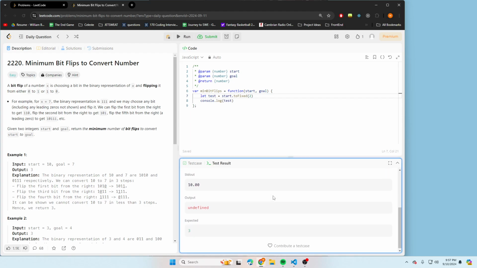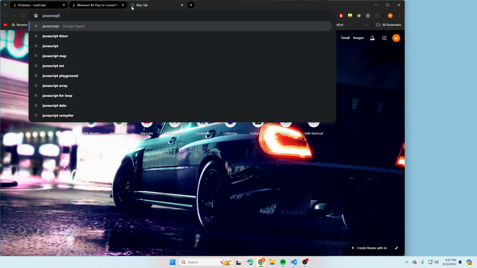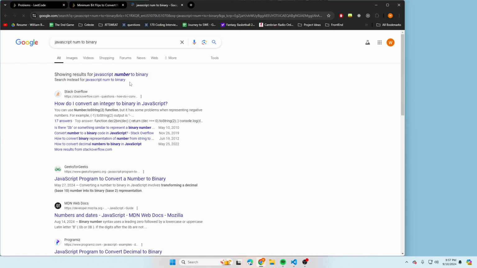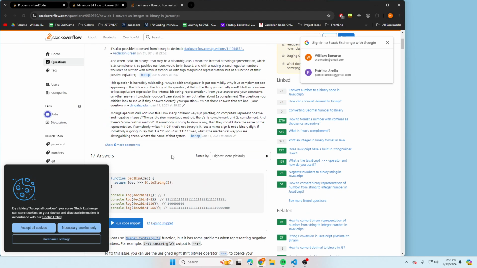If it's not toFixed, then I would just Google it on JavaScript, from num to toString. Okay, toString 2. Let me see.